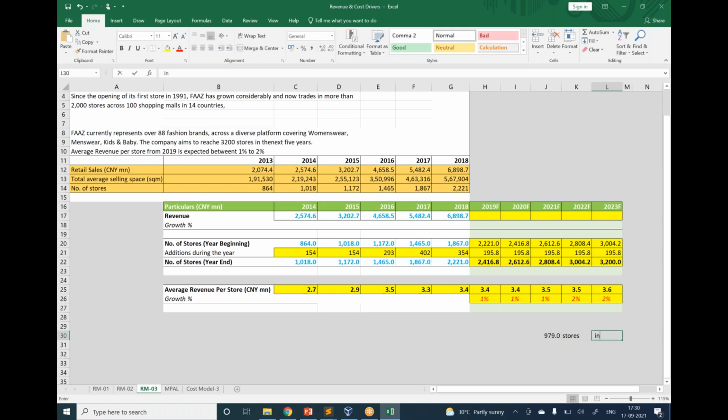But it has to do this in 5 years, so obviously it cannot do everything in 1 year. So this 979, it will divide by 5. So every year it will open 195 stores. Next year it'll open 195, like that. Hope I've cleared your doubts. 195, 195, 195. So finally it reaches 3,200.